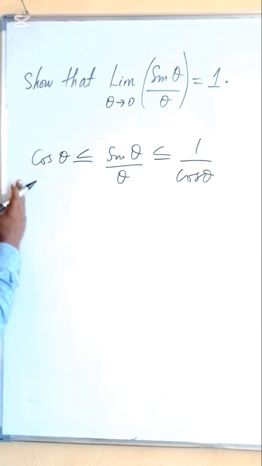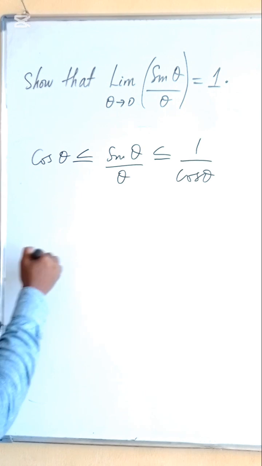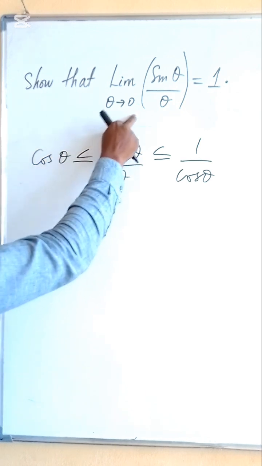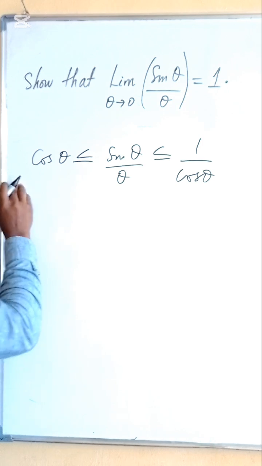Now, looking at the final expression we have, please take note, what we want to show is that the limit as theta tends to 0 of sine theta over theta is equal to 1. So what I'm going to do now is to take the limit of this inequality.